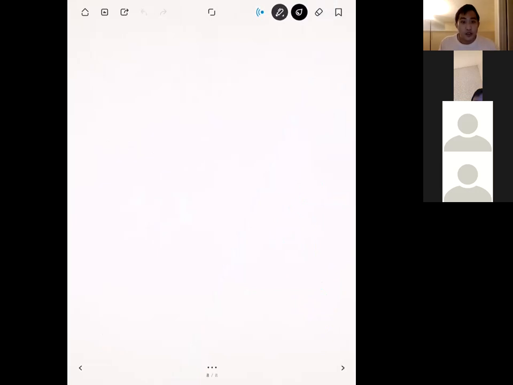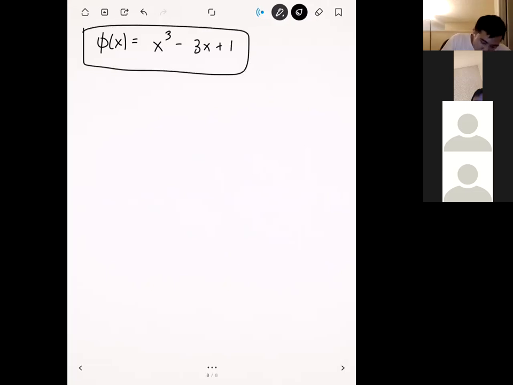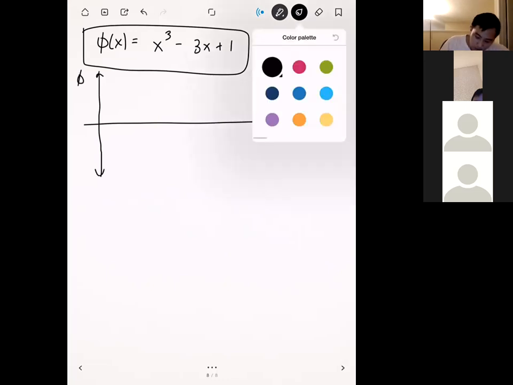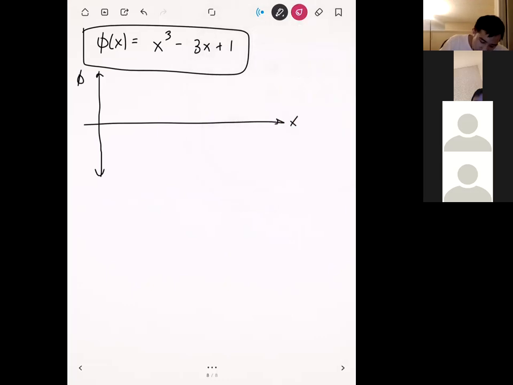All right. And so when we plug in c1 and c2, we get our exact solution, which is x cubed minus 3x plus 1. And so we can graph the solution, and it looks something like this. Our graph is going to start at phi equal to 1, and then it's going to go down just like that.